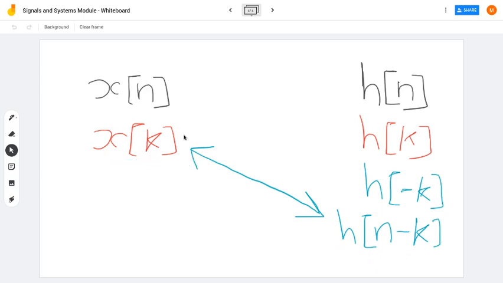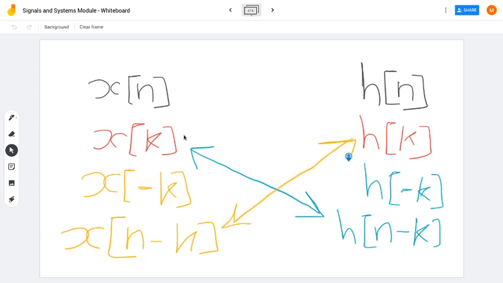Or equivalently, we can keep h of k as is and mirror x, so x of minus k, and then shift, x of n minus k, and then we multiply h of k with x of n minus k under the summation.